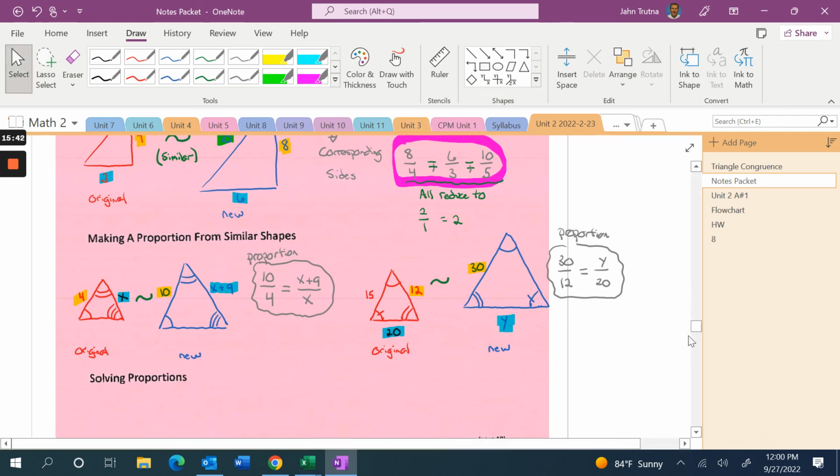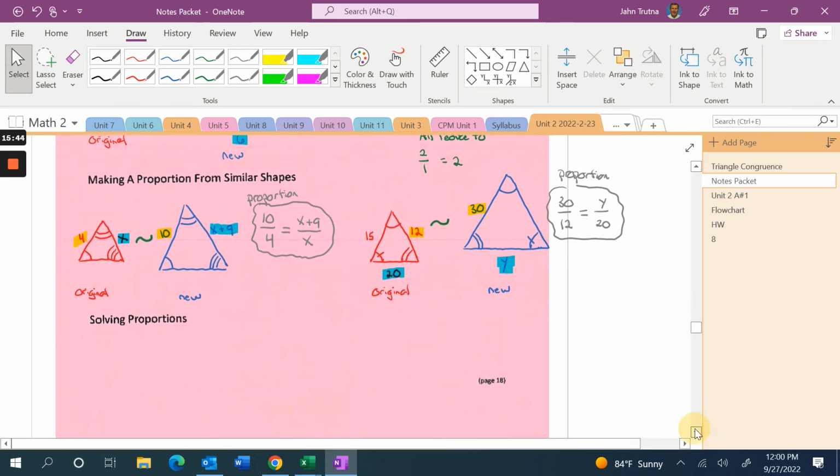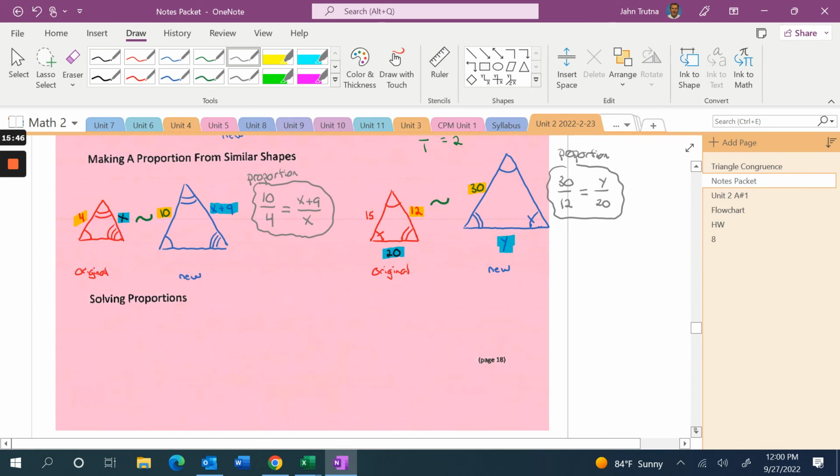Okay, and then I'm going to go down to the last section of the notes, and I'm going to solve each one of these proportions. So we have 10 over 4 is equal to x plus 9 over x. Remember, when you solve proportions, you're going to use the cross multiplying technique.